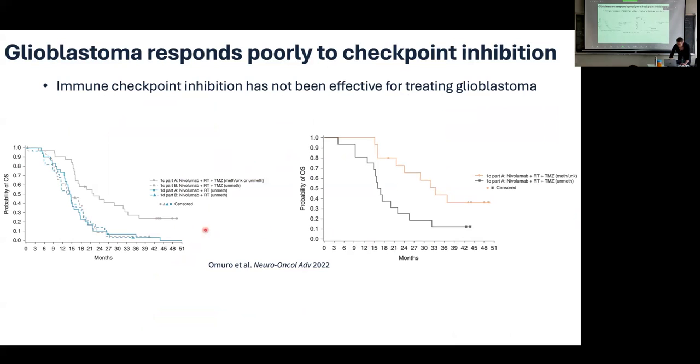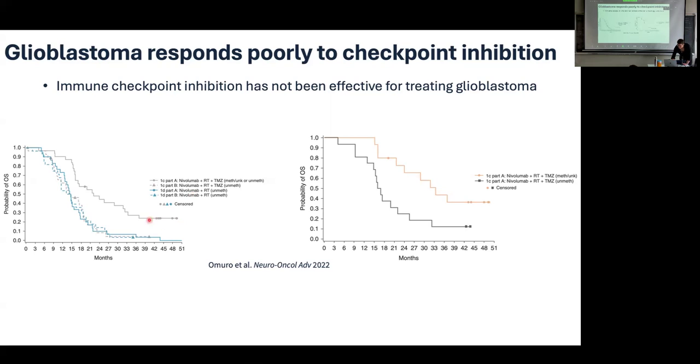You can see here on the left, the Kaplan-Meier curve of survival after nivolumab, which is an immune checkpoint inhibitor, a PD-1, PD-L1 inhibitor. There were different arms in this trial: ICI with radiotherapy, and ICI with radiotherapy and chemotherapy, so standard of care.